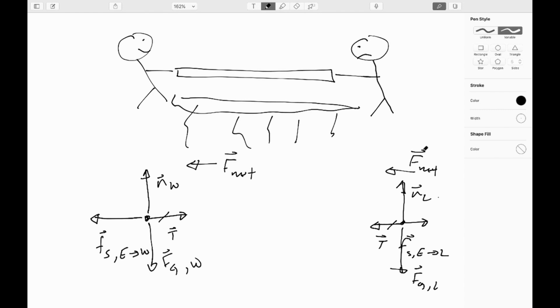And so if I were to draw a free body diagram for the Earth here, again, I'm going to neglect a whole bunch of other forces on the Earth, so just bear with me here. The winner was pushing into the Earth with their feet, and that is a force of static friction. So the winner pushed on the Earth, and the Earth pushed back on the winner just as hard.